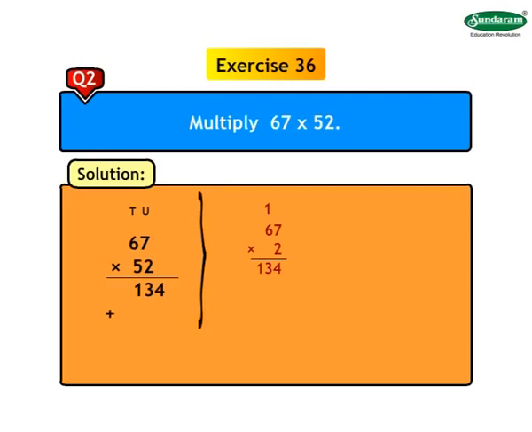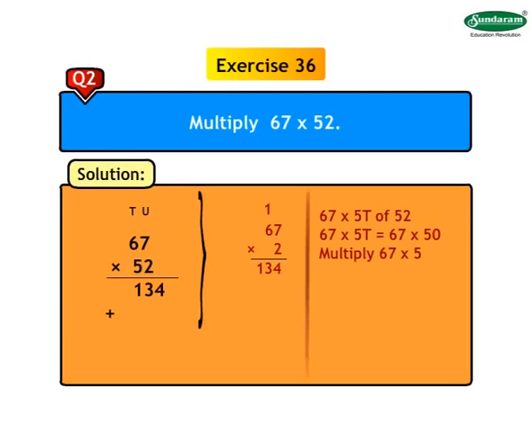Now, put a plus sign to the left below 134. Now multiply 67 by 5 tens of 52. 67 into 5 tens is equal to 67 into 50. Multiply 67 by 5, then place 1 zero next to the product of 67 into 5.